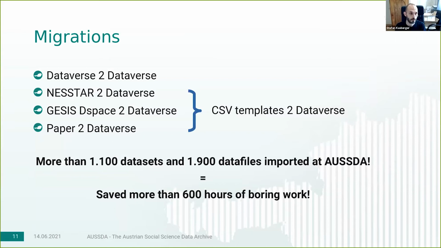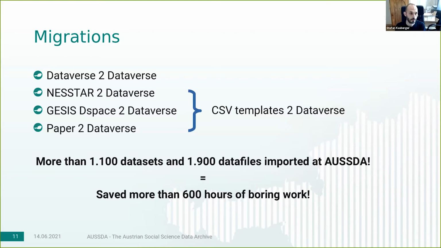And it's always done in this case via the CSV template. So the original format was converted into the CSV template format, and the CSV files were then used to create the data on your Dataverse installation.